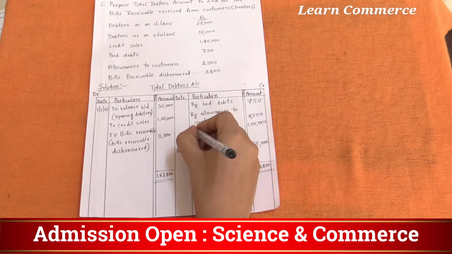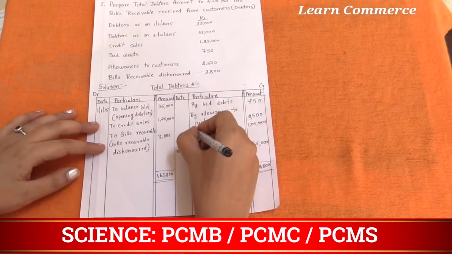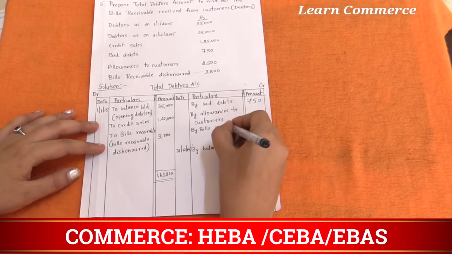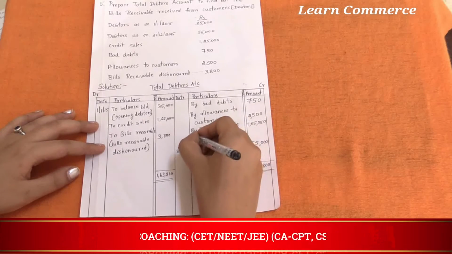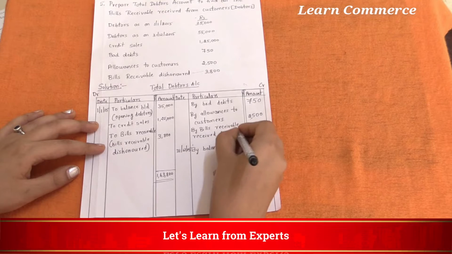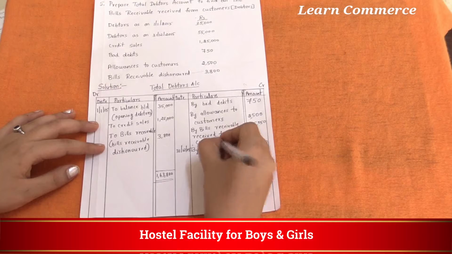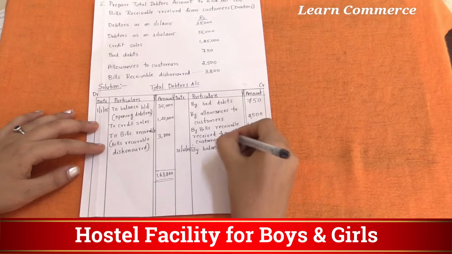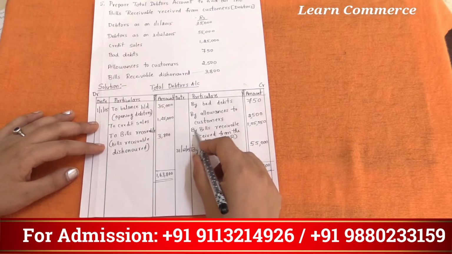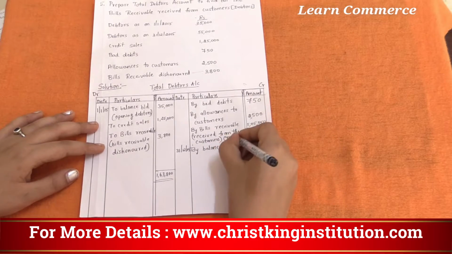This 1,05,550 will be the bills receivable received from customers. By bills receivable received from the customers, or you can write bills receivable, in bracket received from the customers.